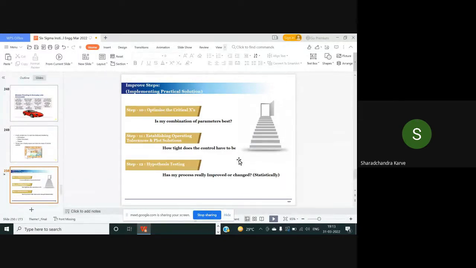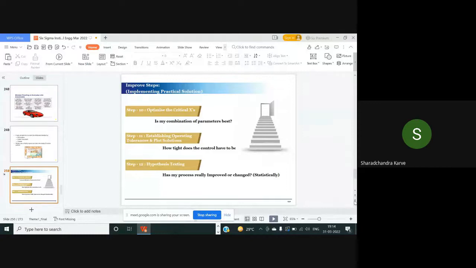It's done in the analyze phase, and now we are moving to the improve phase, where it is a combination of both quality tools as well as lean tools. The question we ask in the improve phase is how to optimize the critical Xs. So if I understand a few parameters which have a relationship with my Y, I optimize them, then I establish the controls for that, and then do hypothesis testing to really ensure whether my process has improved statistically or not.